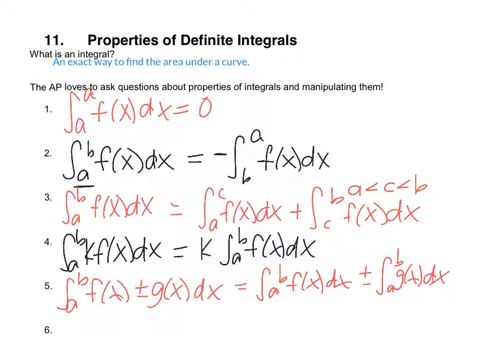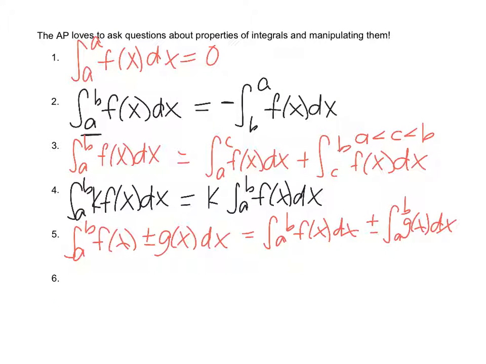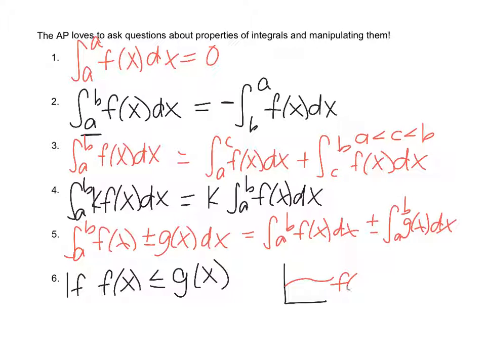And the sixth one is that they hold over inequalities. The sixth one is that if f of x is less than or equal to g of x, that means the function f of x is underneath g of x. So for example, on a graph, f of x would be here, and g of x would be here.